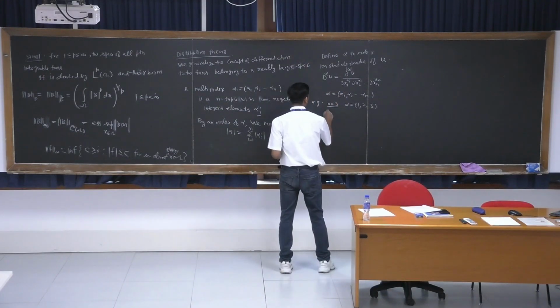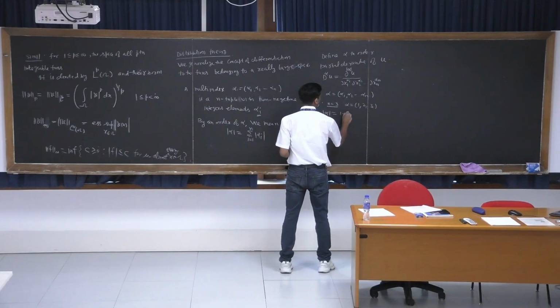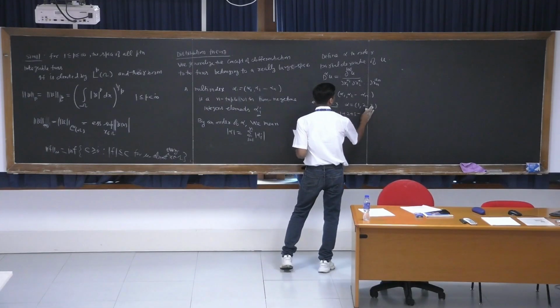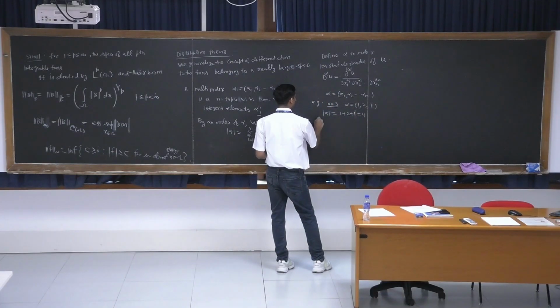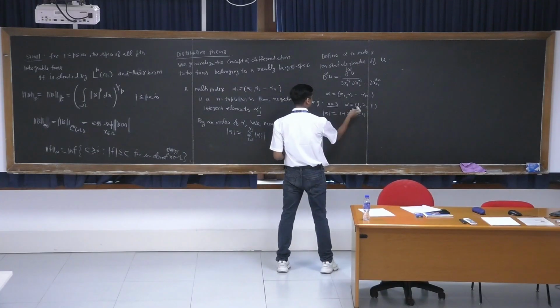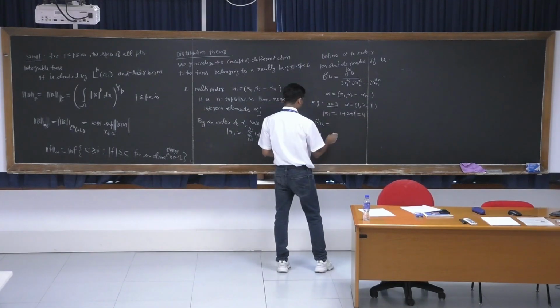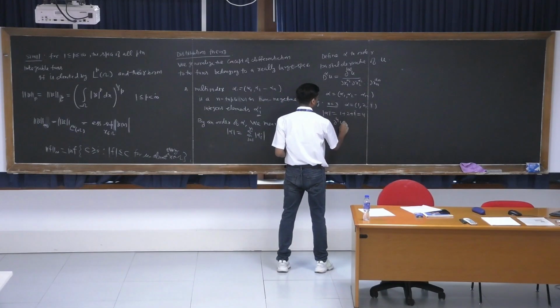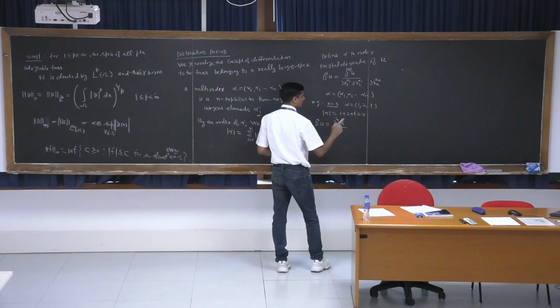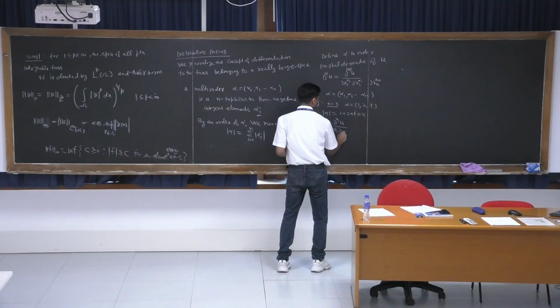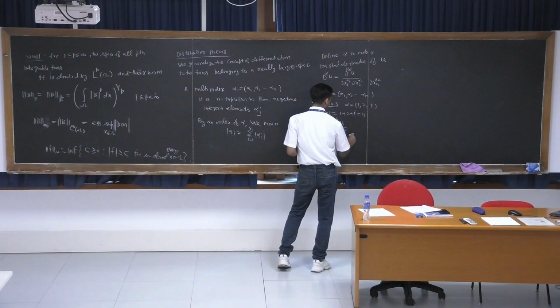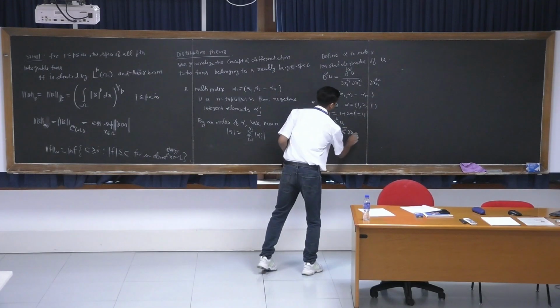So here the modulus of alpha is 1 plus 2 plus 1, which is equal to 4. So D alpha u is the fourth order derivative of u: with respect to x1 just one time, with respect to x2 two times, and with respect to x3 just one time.